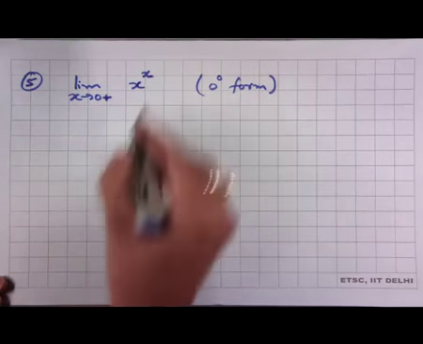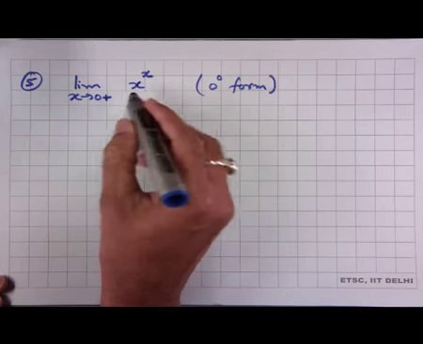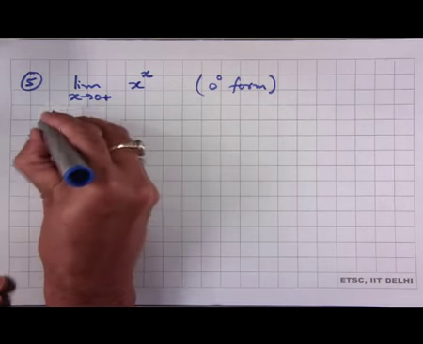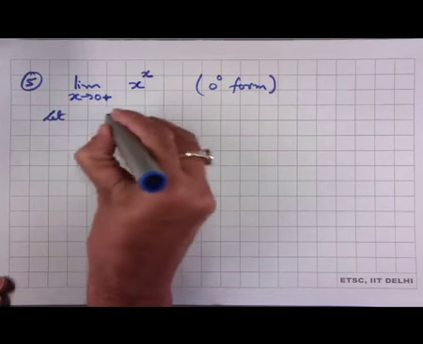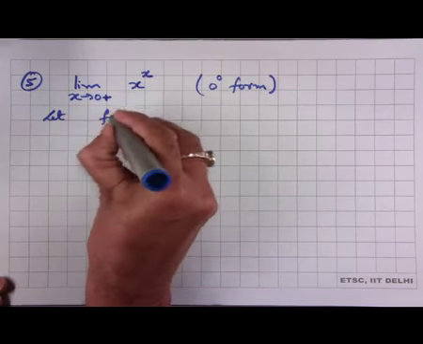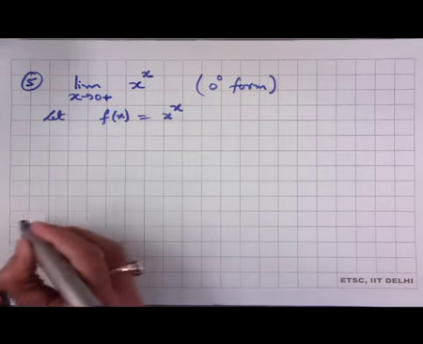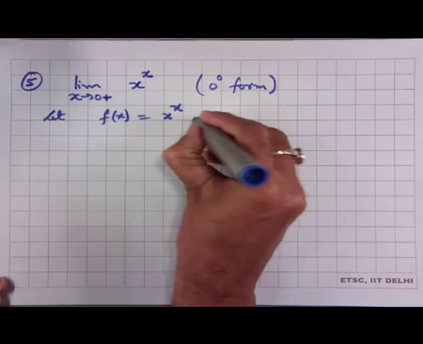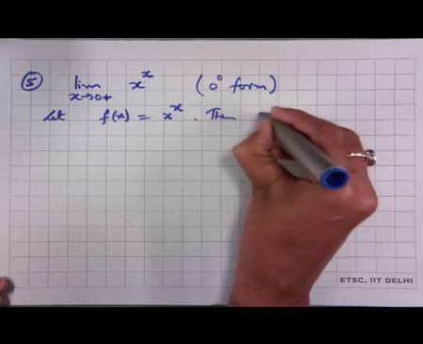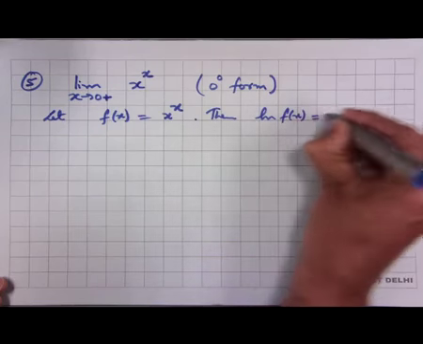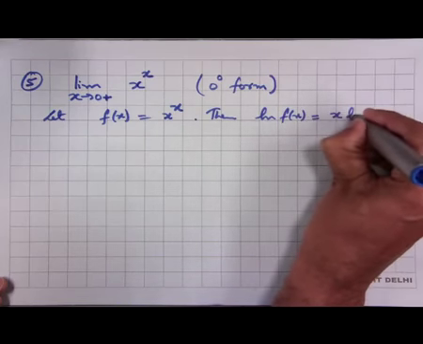Now, here what we do is, let f x equal to x to the x. Then if we take log, natural log of f x is equal to x times natural log of x.